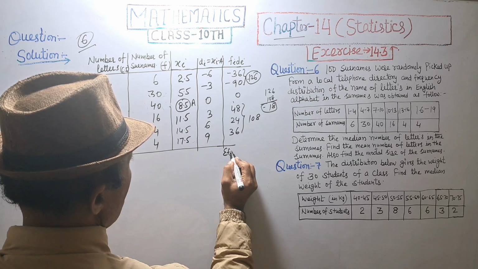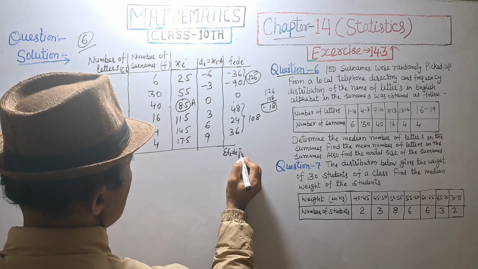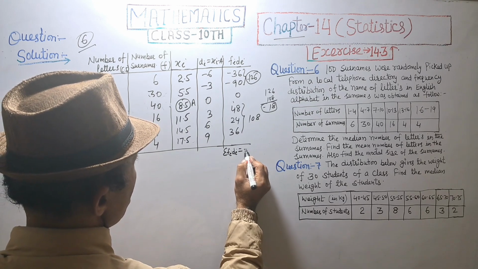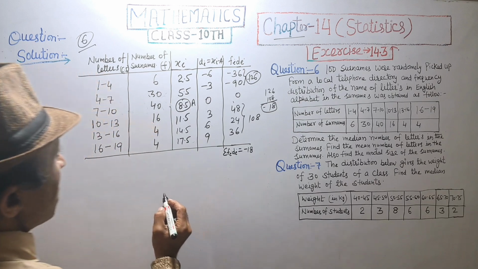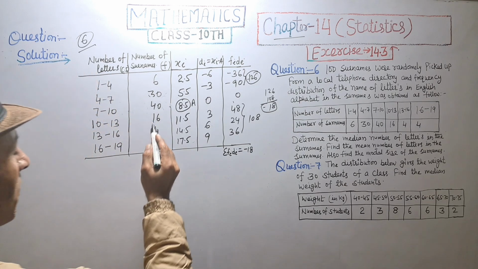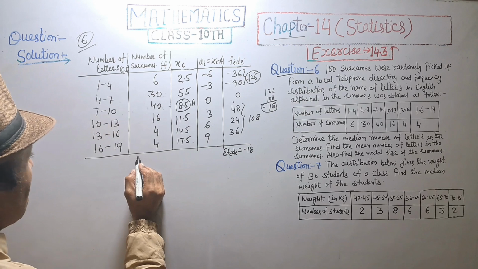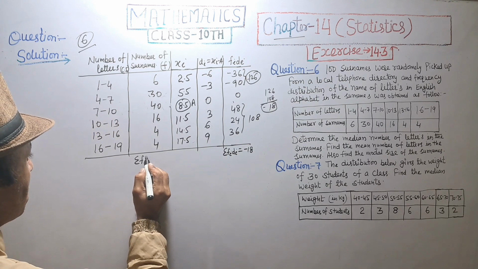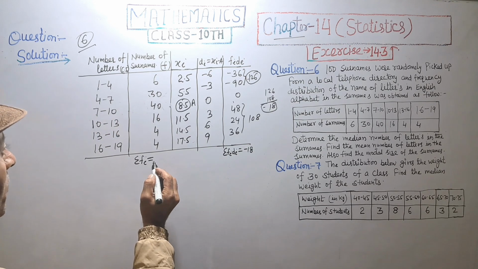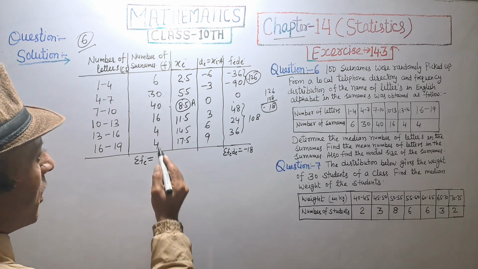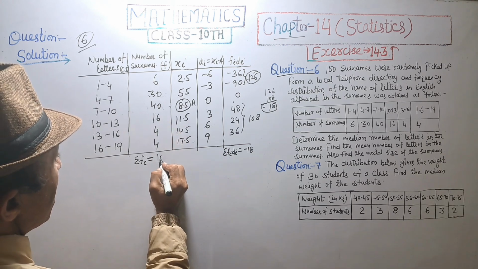Summation fi di is equal to minus 18, and sum of frequency is equal to 100.